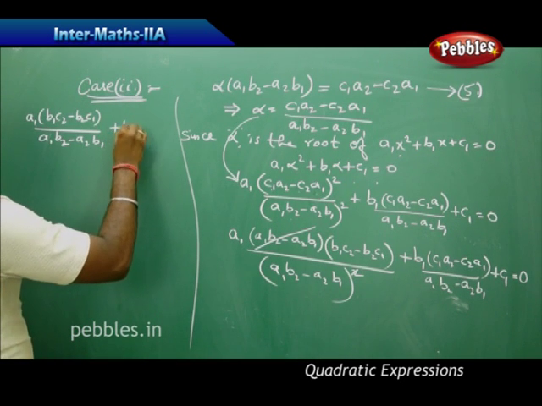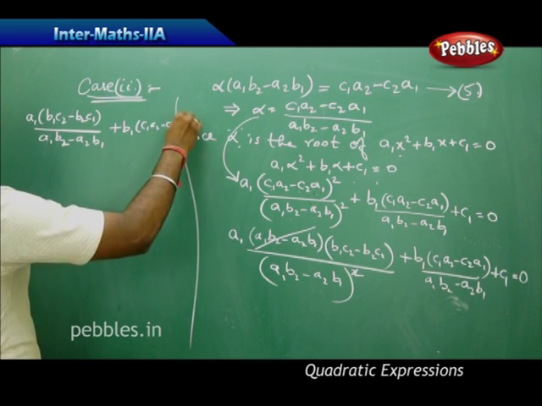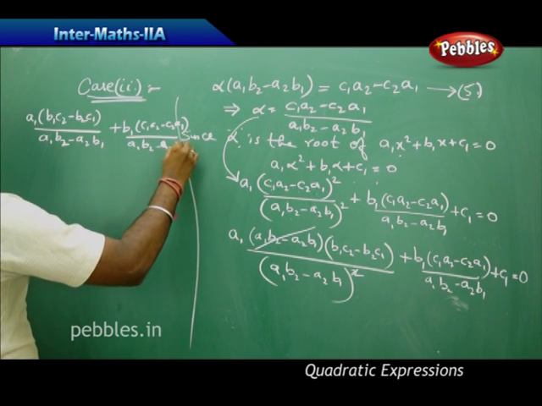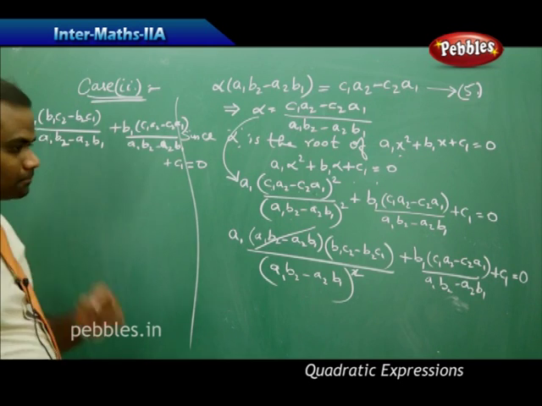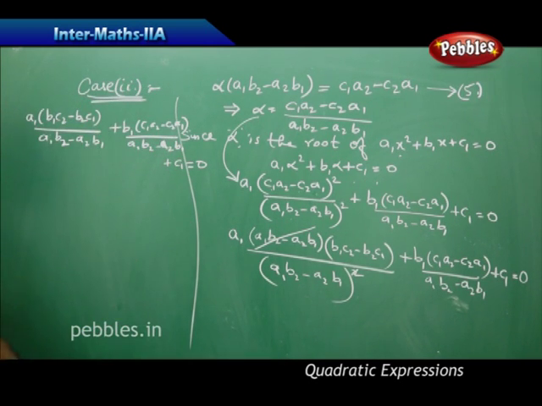Next, I get this b1 times (c1a2 minus c2a1) by (a1b2 minus a2b1) plus c1 equals 0. Now I want to simplify the entire expression on the left hand side by simply taking the LCM. So let's see what happens when I take the entire LCM.